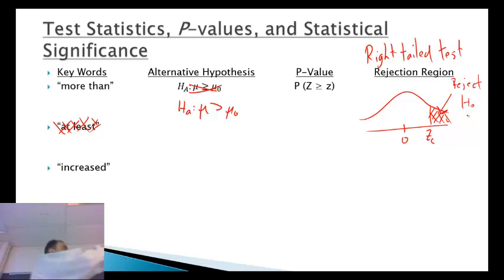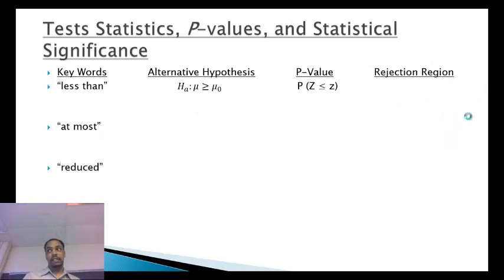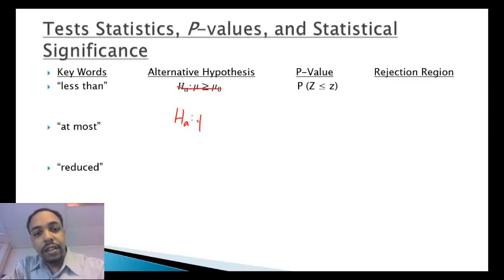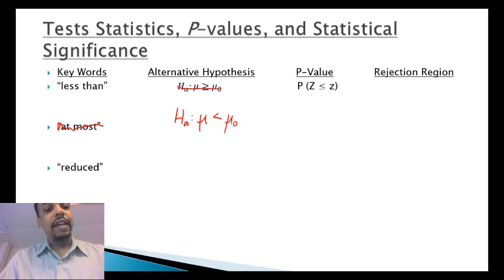So guess what? If that's the right tail test, then you take the mirror image, if you will, and you have the so-called left tail test. Looks better in your notes. You use words like less than, and most is a little misleading sometimes. Let's say less than, reduced, arbitrarily smaller values of z.